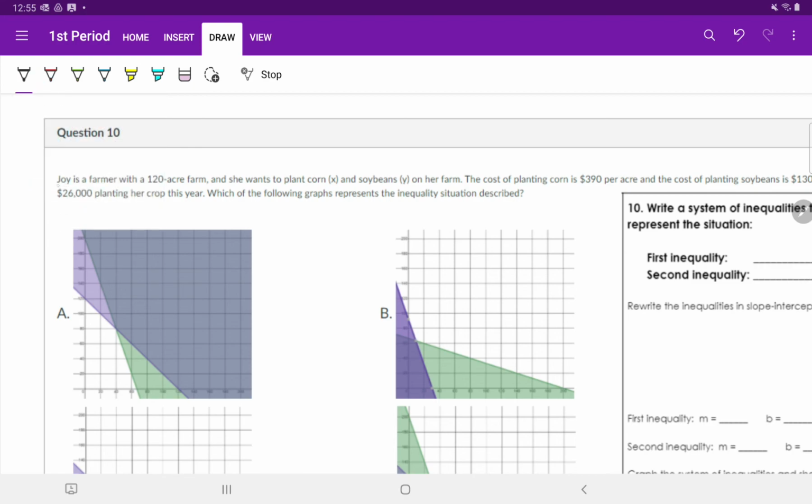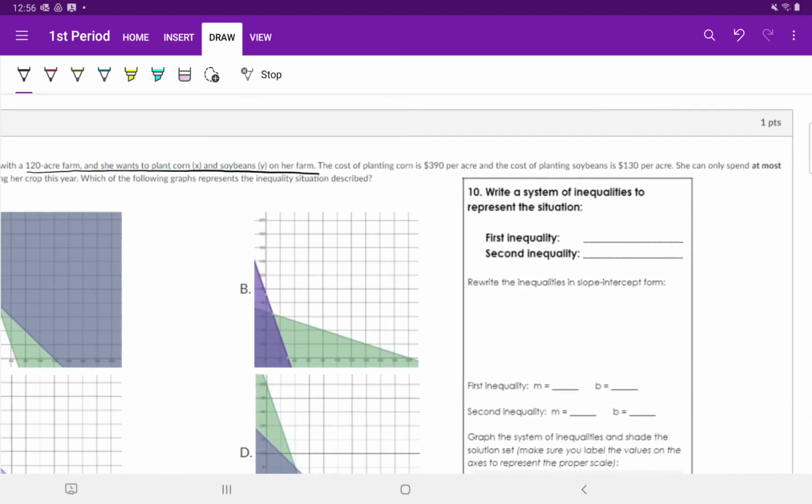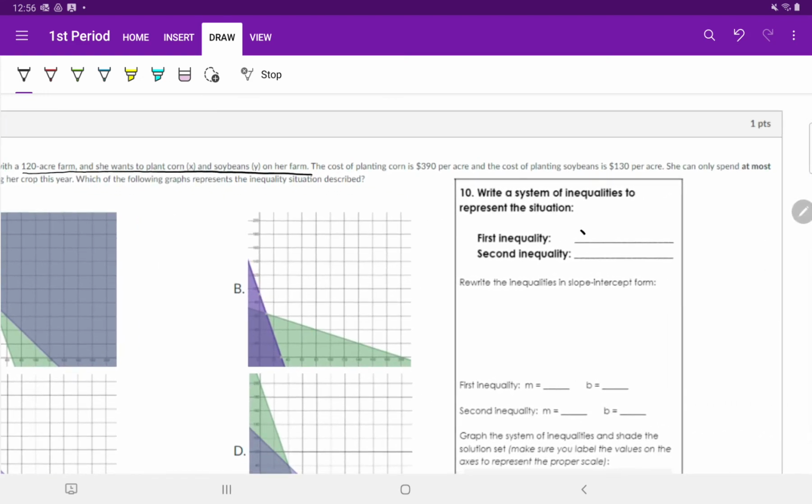This first sentence actually gives us our first inequality. x is the number of acres she plants with corn, and y is the number of acres she plants with soybeans. Joy only has 120 acres, so x plus y has to be less than or equal to 120. So we can make that our first inequality.